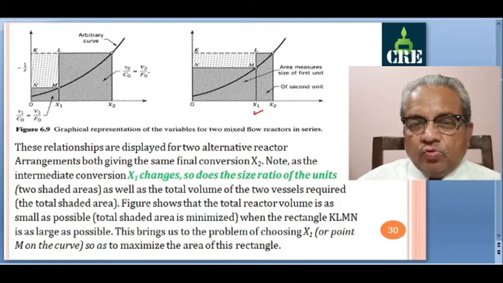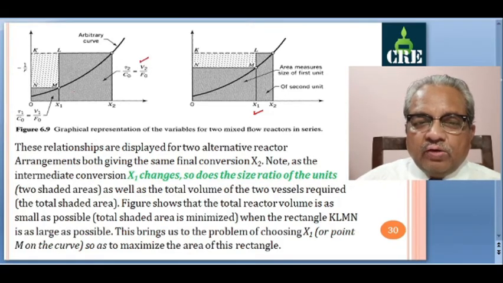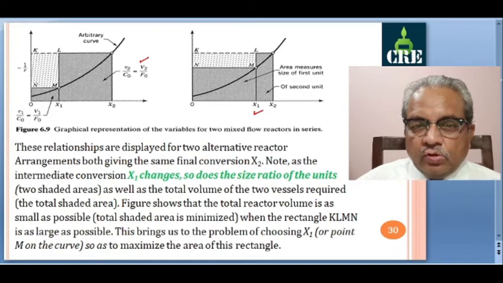Here V2, if I know F0, I can find out V2. So V1 and V2 are represented by these two rectangles. The best system will be the one where the total volume is minimized.